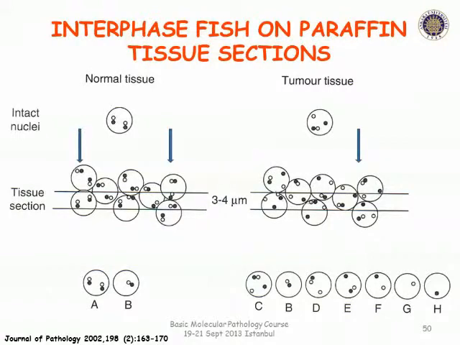Some nuclei may be cut, or you can lose some nuclei, and you may also have another artifact, superposed false positive signals.